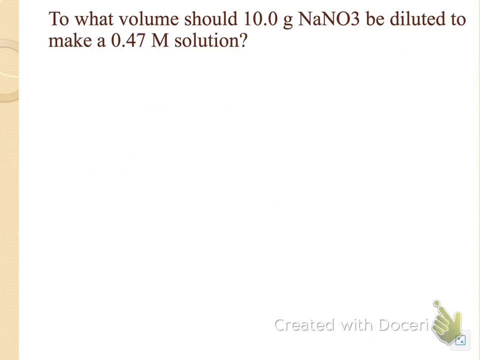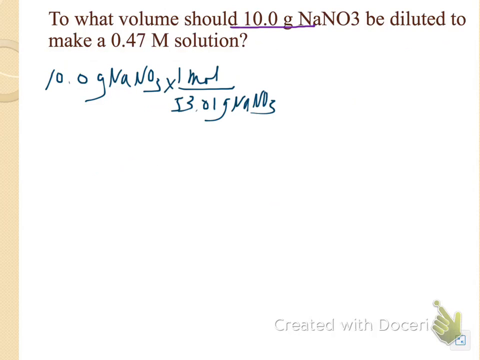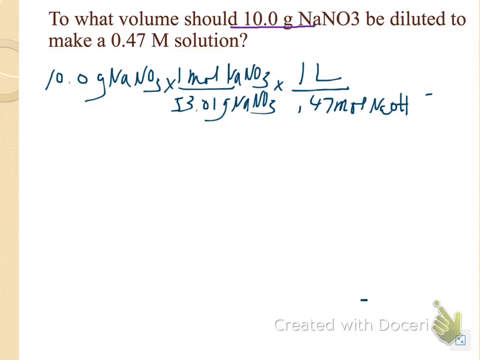I want to make 10 grams, so I'm going to start with that 10 grams of sodium nitrate, and I know there's 85 grams of sodium nitrate in 1 mole of sodium nitrate, and I know that there are 0.47 moles of sodium nitrate in 1 liter of solution. So here I cancel out things, and I end up with 0.40 liters. Okay, and that's going to do it.